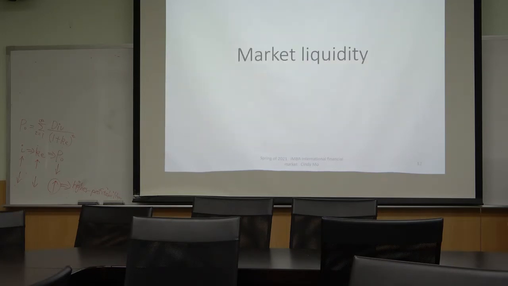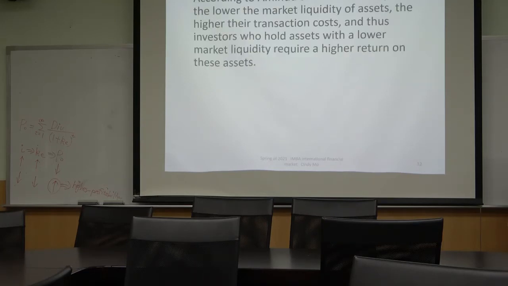Okay, and the next one is called market liquidity. Some investors would like to hold treasury bills, issued by the government, the treasury. Because the government is the issuer, most of us think that it is a secure security.